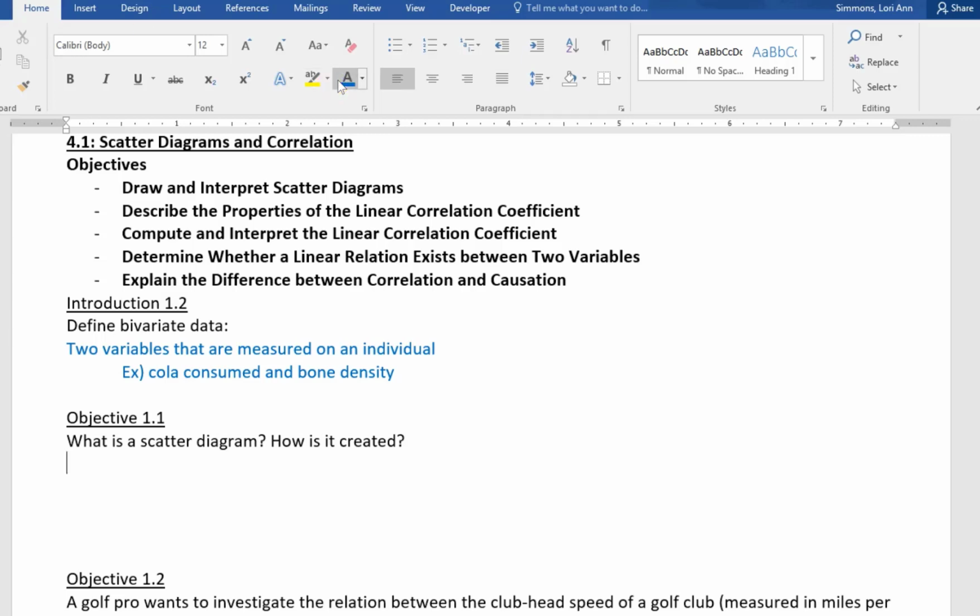So let's get into a scatter diagram and how it is created. But first, let's review what response variable is and explanatory variable. The response is the dependent variable. It depends on the explanatory. Again, the explanatory is the independent and it explains the response. So a scatter diagram is a graph that shows the relationship between the two quantitative variables.